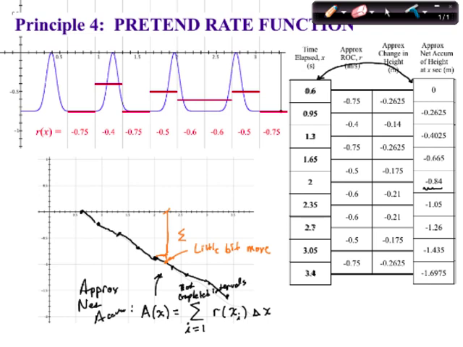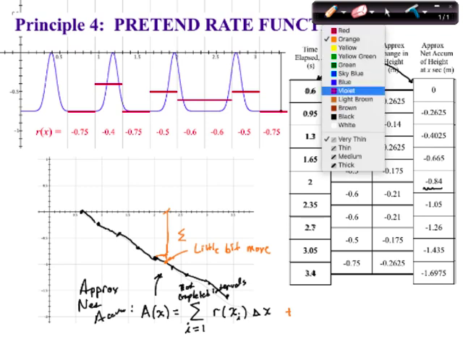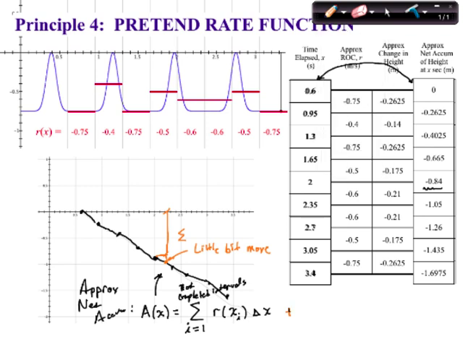But now this little amount of change is at the new rate, so we'll call that the current rate. If we're talking about something past 2, then we're at this rate. If we're somewhere between 2 and 3.5, that last little bit is going to be accumulating at this rate.